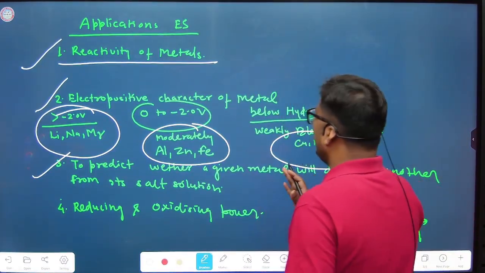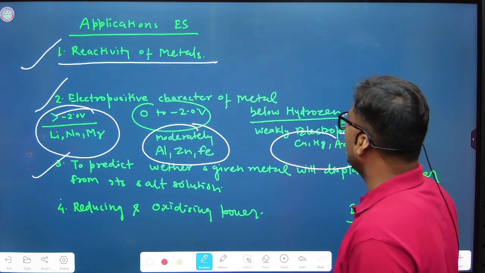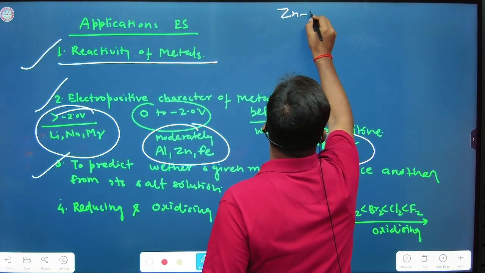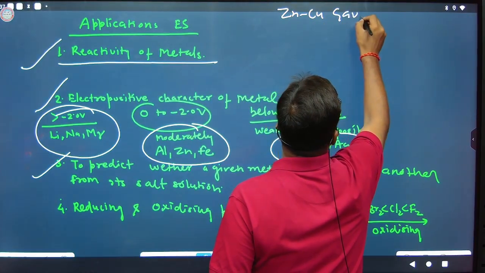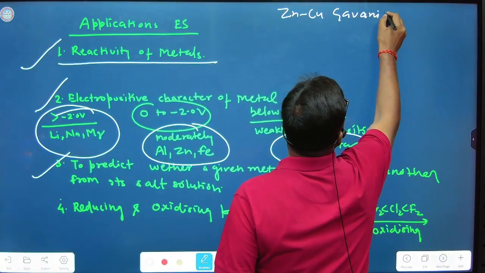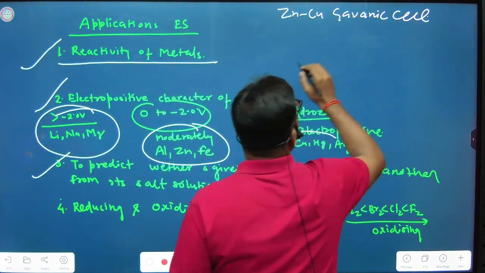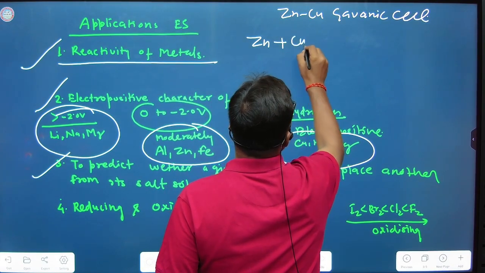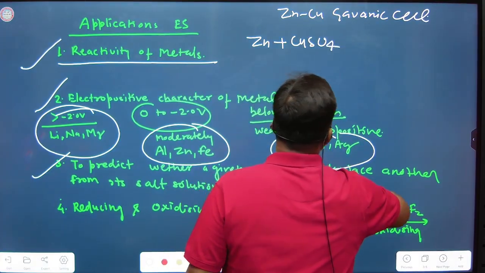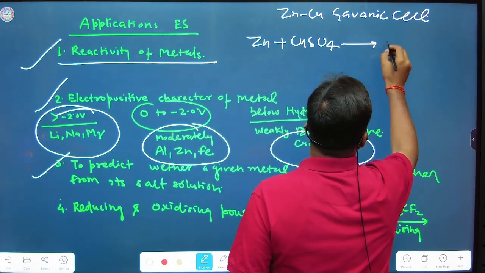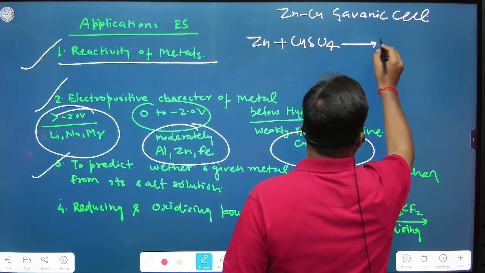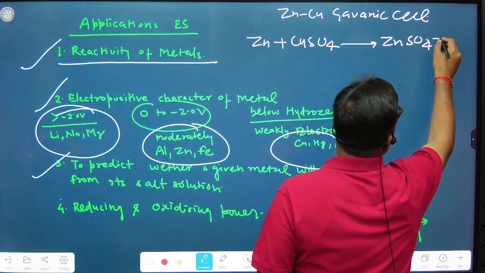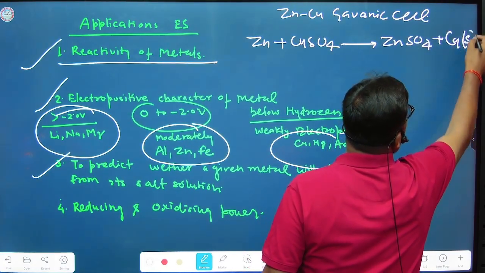As you know, when an electrochemical cell is formed, like a galvanic cell, suppose we have a zinc-copper galvanic cell. What you have observed: when a zinc rod is dipped in copper sulfate solution, what happens? It displaces the copper, that is, ZnSO4 plus copper is precipitated as copper solid.